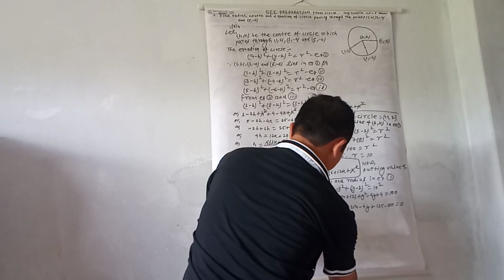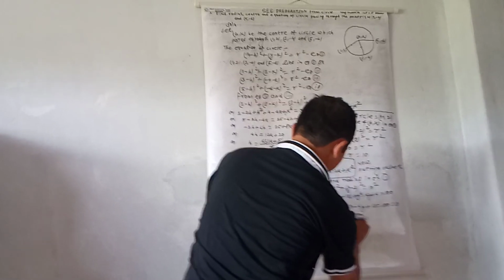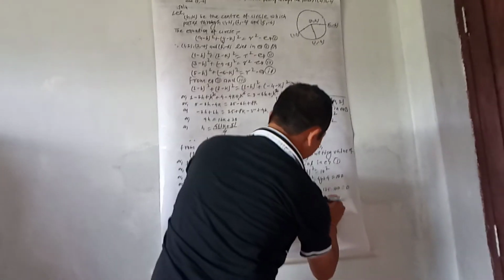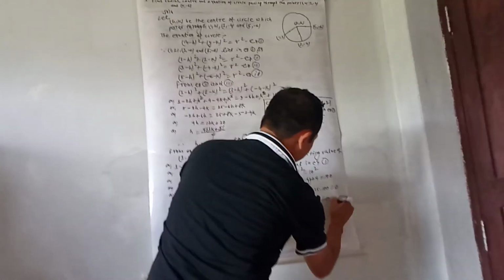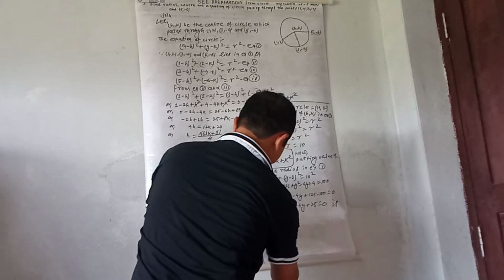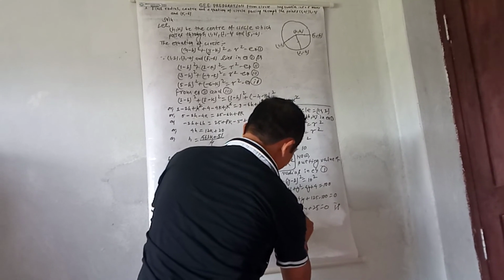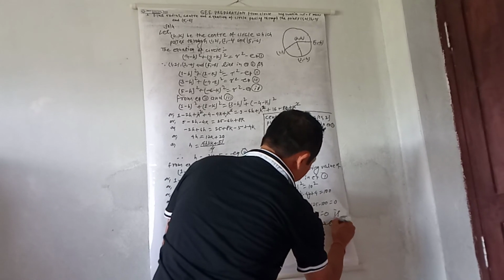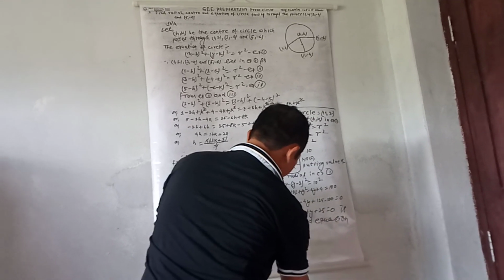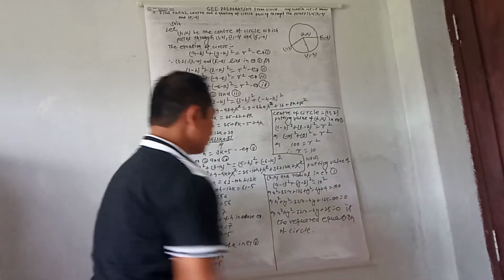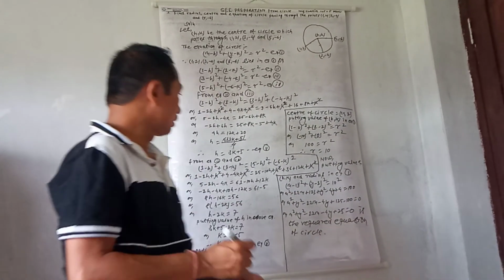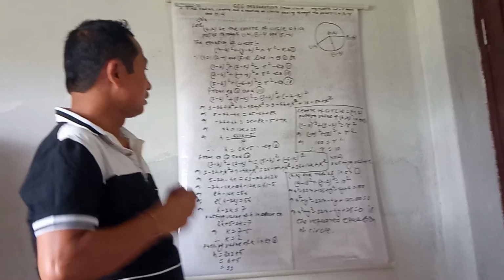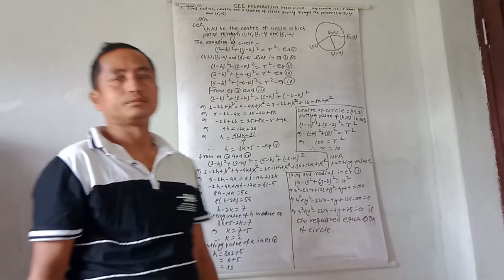Or x square plus y square minus 22x minus 4y plus 25 is equal to 0 is the required equation of circle. In this way, we can calculate the equation of circle.